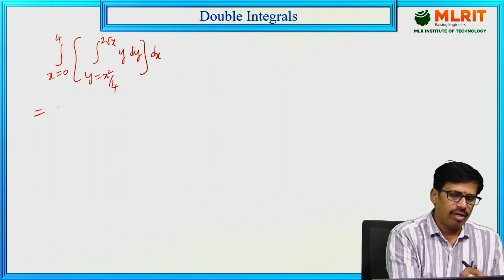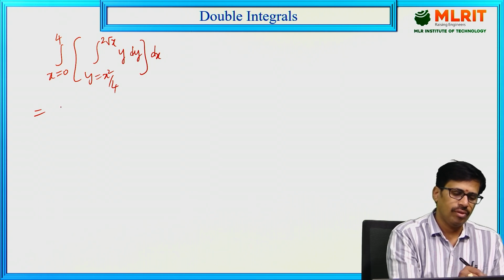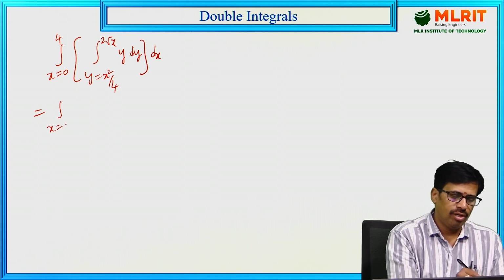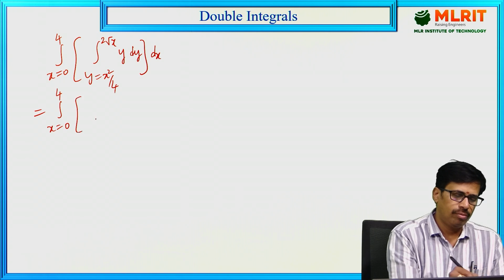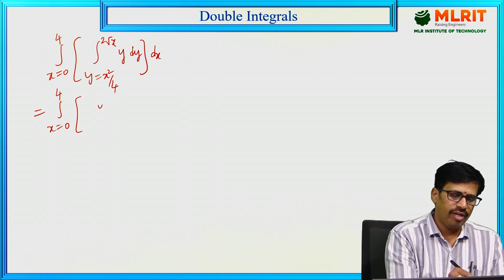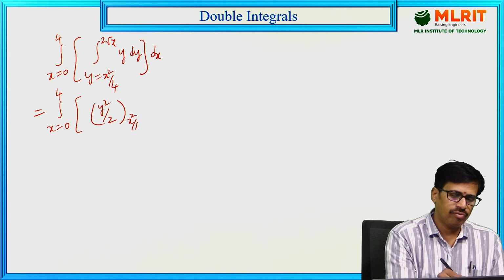So this can be written as x is equal to 0 to 4, integration of y dy is y square by 2, and these limits are x square by 4 to 2 root x, then dx.